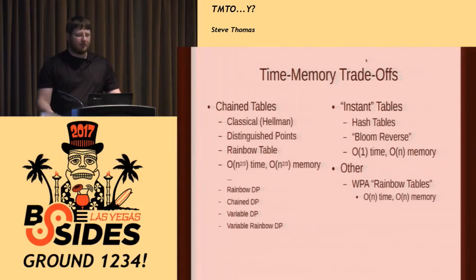So if you're cracking brain wallets, basically you want to crack the password before anyone else does, so that you can transfer the money to, if you're an asshole. I have not actually done this. I should probably mention. Anyways, so there's hash tables that do this, and then there was a talk at BloomCon, Bloom Reverse. So these all are constant time.